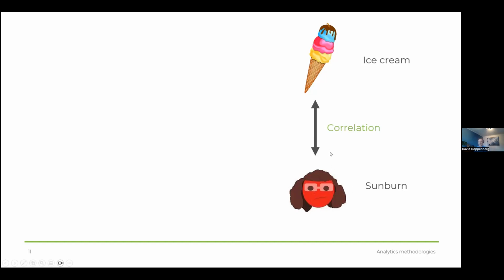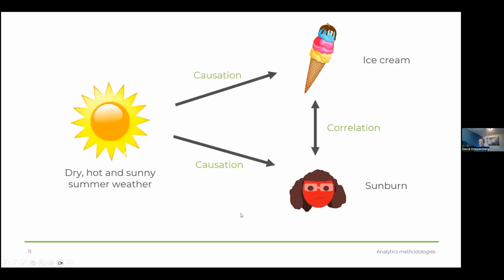And now I can build my linear model. But actually, when you think about this, it's kind of weird that you use the number of sunburns to predict ice cream sales, because actually there's something else that is behind both. Typically, the sun is causing these sunburns, and also when it's hot, you tend to like eating more ice cream.